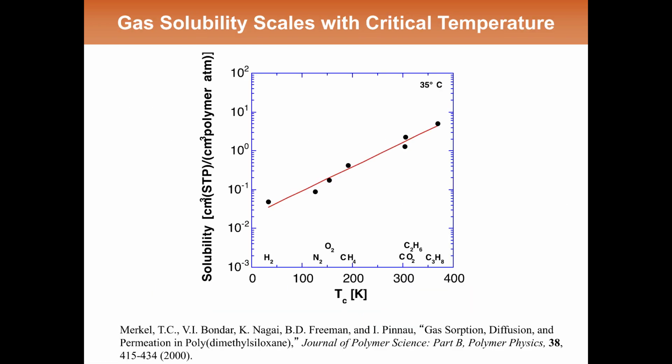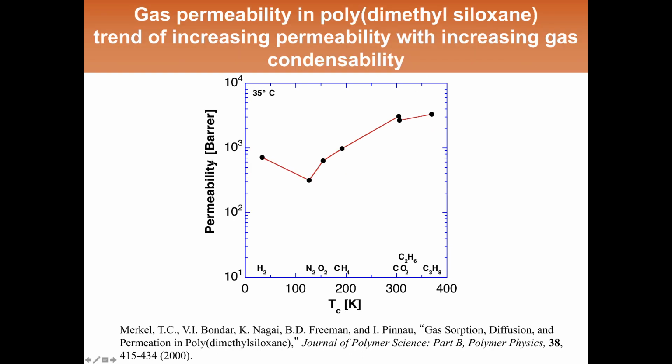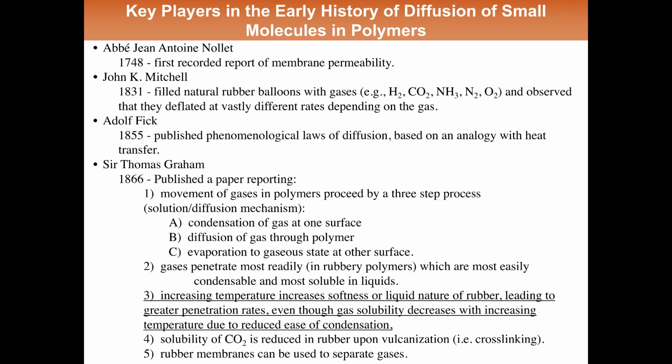And so not only will the molecules that are highly soluble penetrate more effectively through these polymers. High solubility in these types of polymers, like the natural rubber Graham was dealing with and silicone rubber, contributes very strongly to high permeability, and permeability often goes up with gas solubility. That's not true in all polymers, and we'll learn the exceptions as we go along, but this ties in very nicely to Graham's findings.